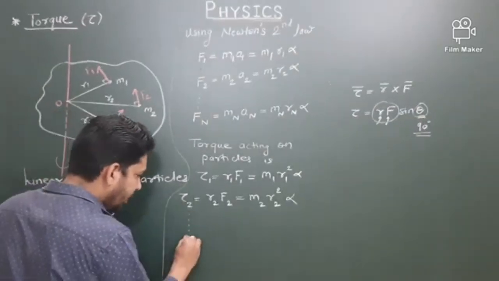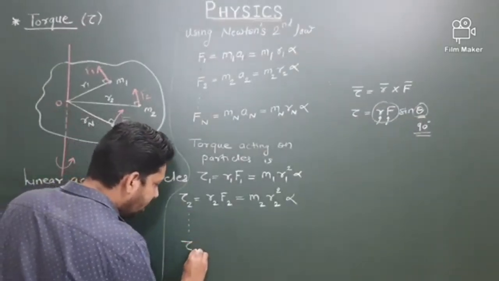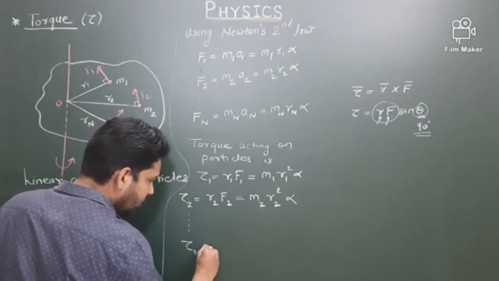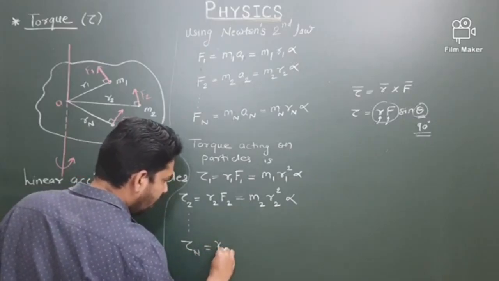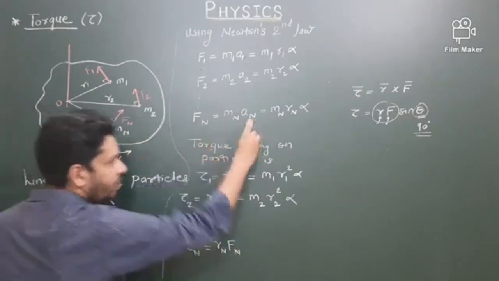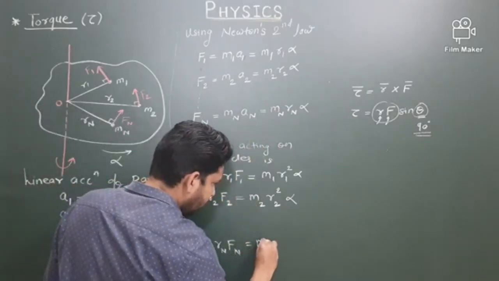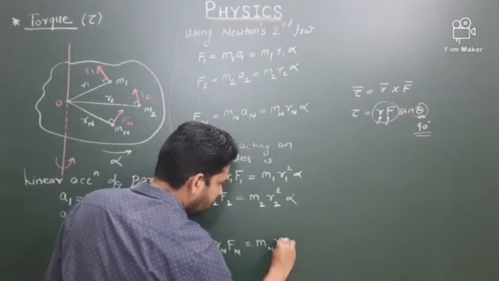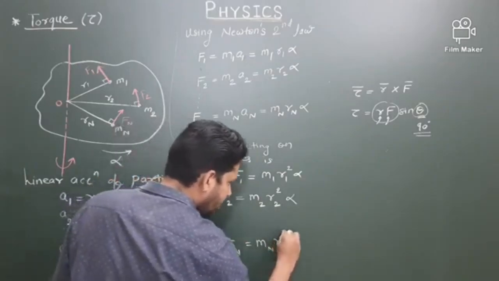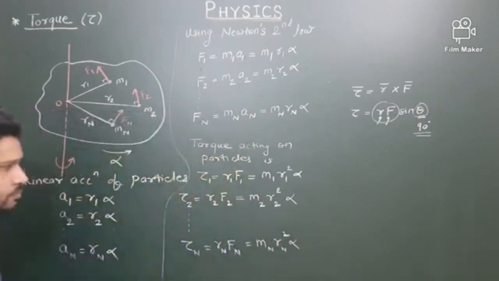Similarly, you can write down the torque acting on nth particle is equal to rn fn. What is fn? mn rn into alpha into rn square.